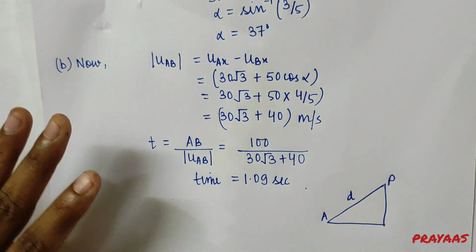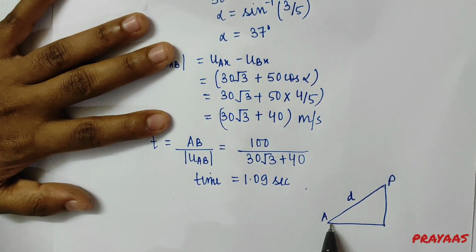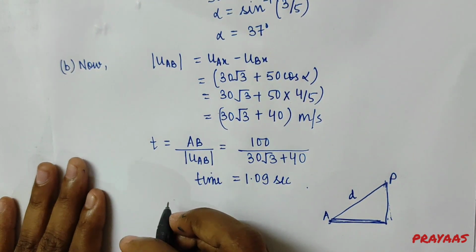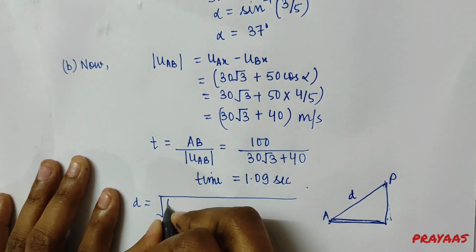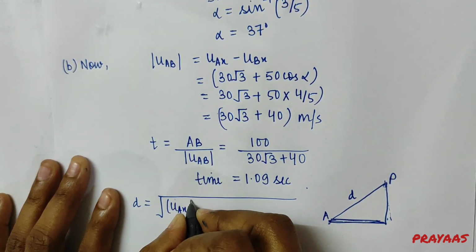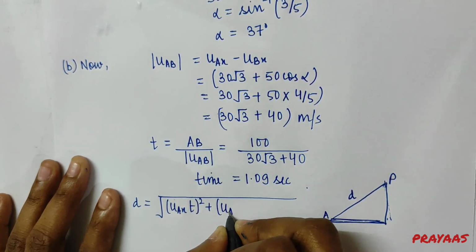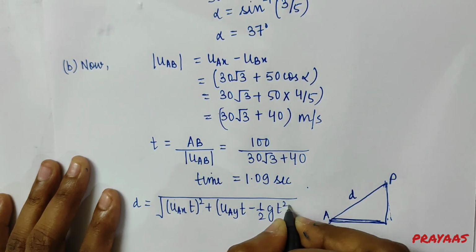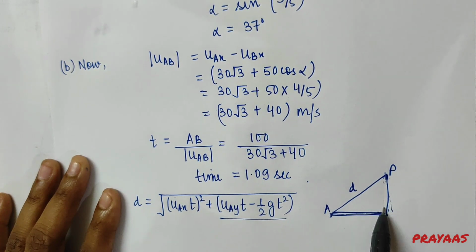So D will be equals to the square root of the sum of squares of the magnitudes of these two distances: UAX into T square plus UAY into T minus half G T square.